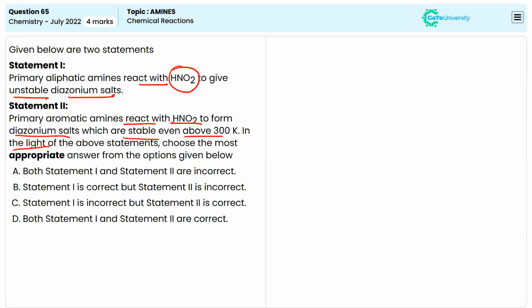So what is the correct answer? First you can see when primary aliphatic amines and HNO2 react together, they will produce unstable diazonium salt.